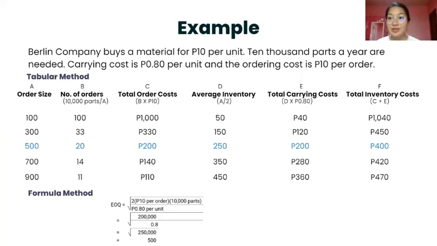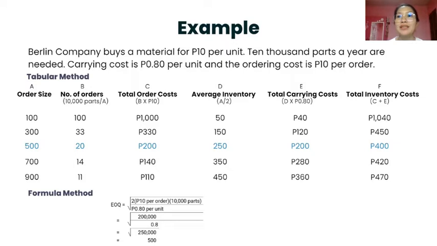Okay, so let's now try to compute for EOQ using the two methods. For the tabular method, I already prepared it. Perlin Company buys a material for 10 pesos per unit, and the company needs 10,000 parts a year.